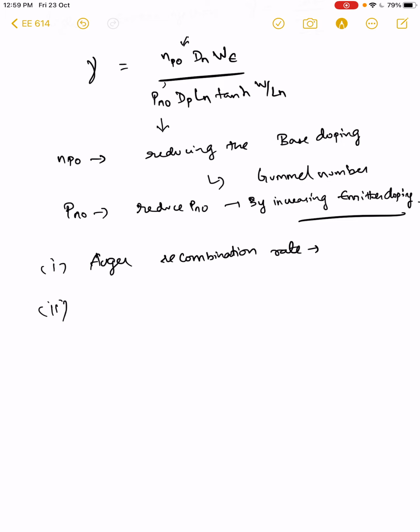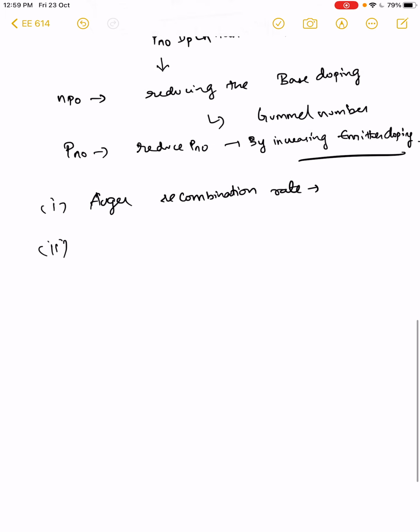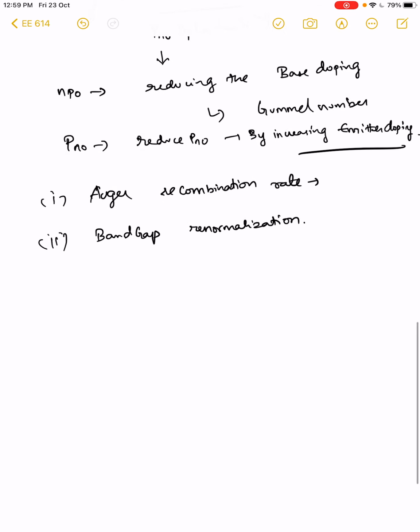The second point, which is typically considered when you have higher emitter doping, is what is called band gap renormalization. So band gap renormalization happens when you increase the doping density. Why? So let's say I have a semiconductor like this, and I increase the donor doping density.